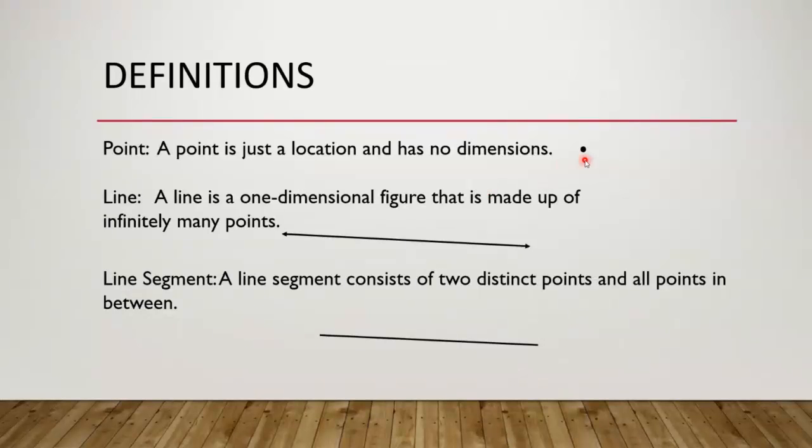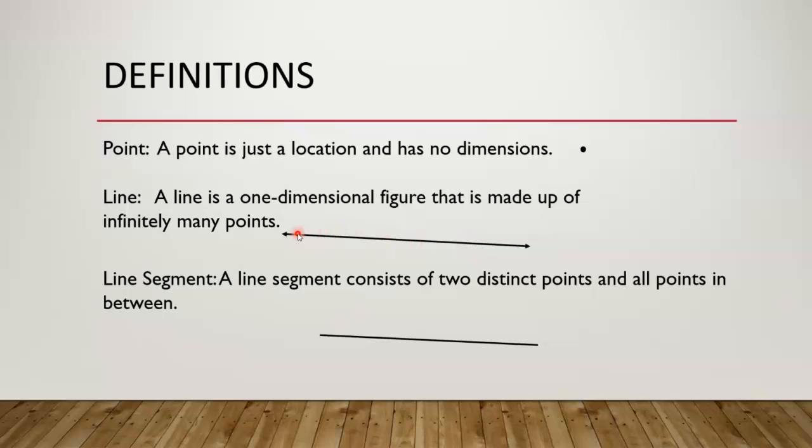Now, even though a point is kind of hard to define, it's very important because other objects like a line and a line segment are made up of points. A line, right? That's just a one-dimensional figure, and it's made up of infinitely many points.